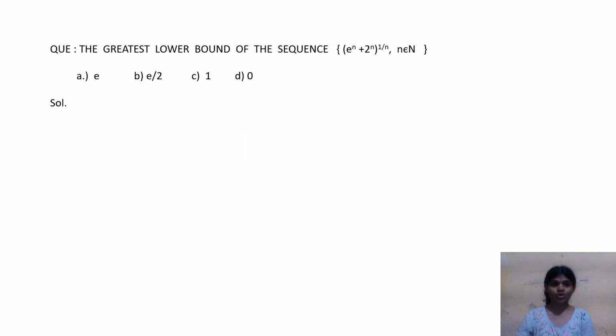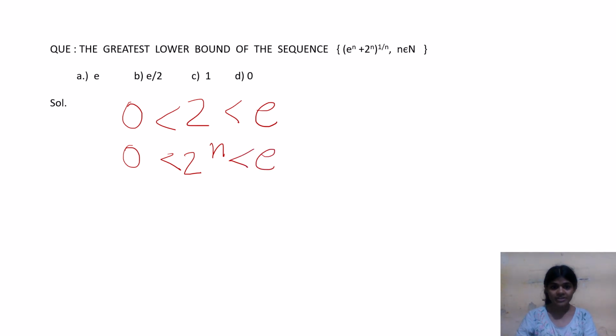Now we will solve this question. Here we have to find the greatest lower bound of this given sequence. Now we will take 2 which lies between 0 and e. Now 2 to the power n lies between 0 and e^n.